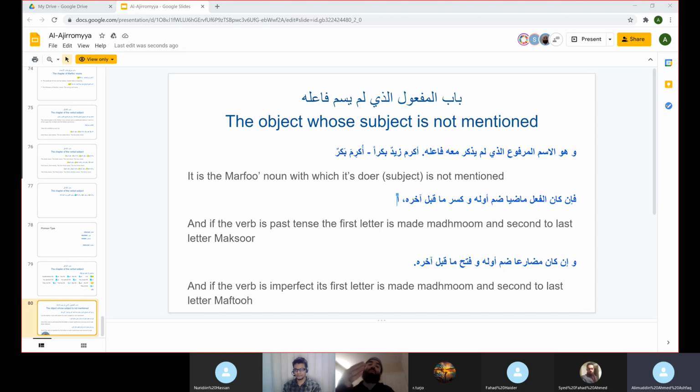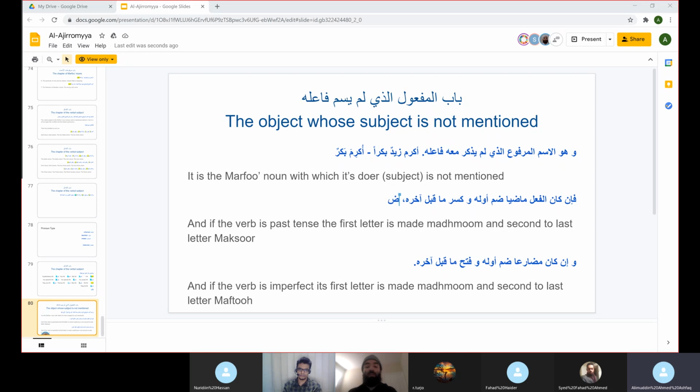So if you change the diacritical marks to some other diacritical marks that indicate the subject is not mentioned, then that is how you know that whatever noun does exist is an object, not a subject, right? For example, the author says, if the verb is past tense, the first letter is made madmum and the second letter is made maksur.